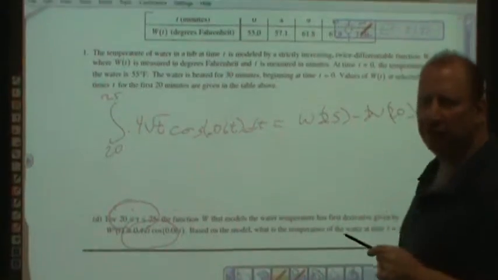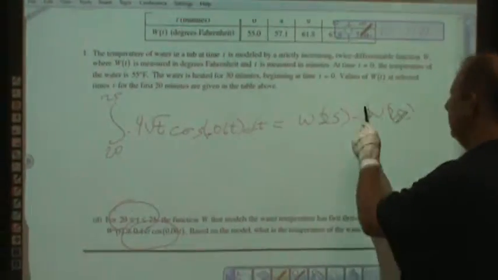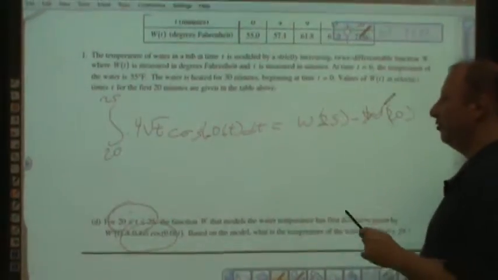Don't forget the fundamental theorem of calculus, part 2.